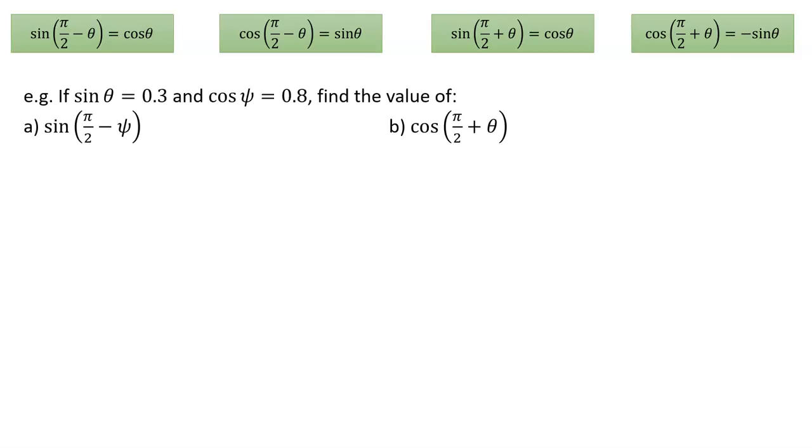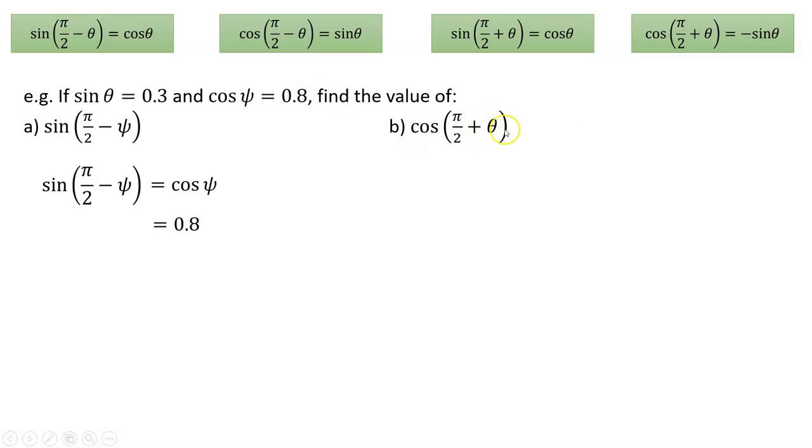I'll give you a moment to read this example question. Sine of pi on 2 minus psi looks like this one here, so that's equal to cos psi. And we know from the question that that's equal to 0.8.